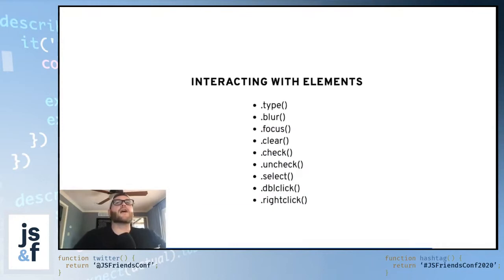So here are ways you can interact with those subjects. Once a subject is established, for example cy.get an input, you could then interact with that element by using .type or .blur, .focus, .clear. You could check or uncheck a box. You could select it, double click, right click, and so on and so forth.